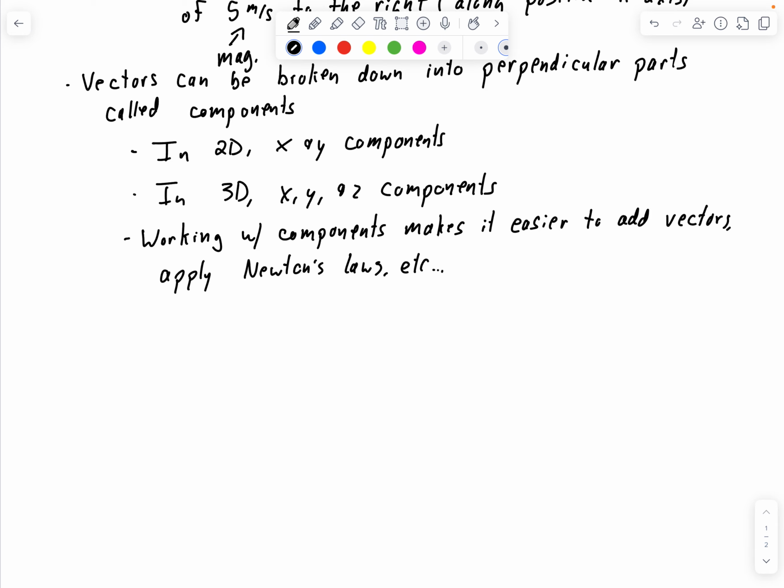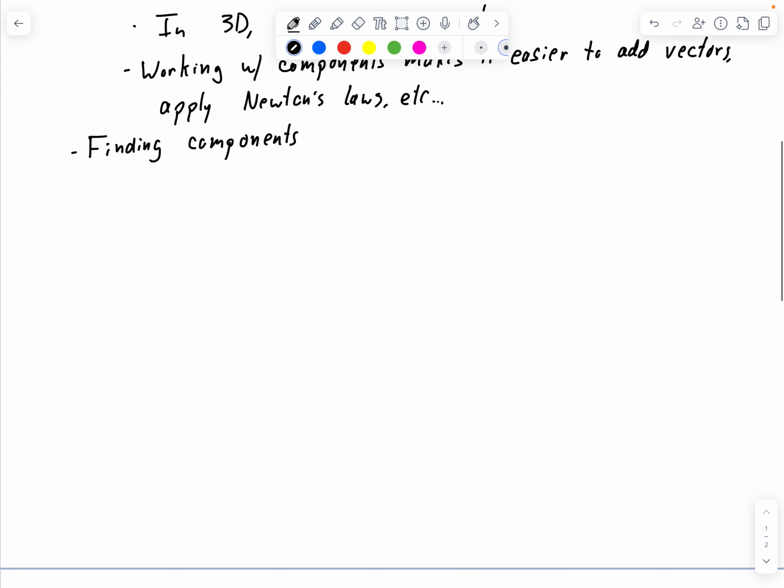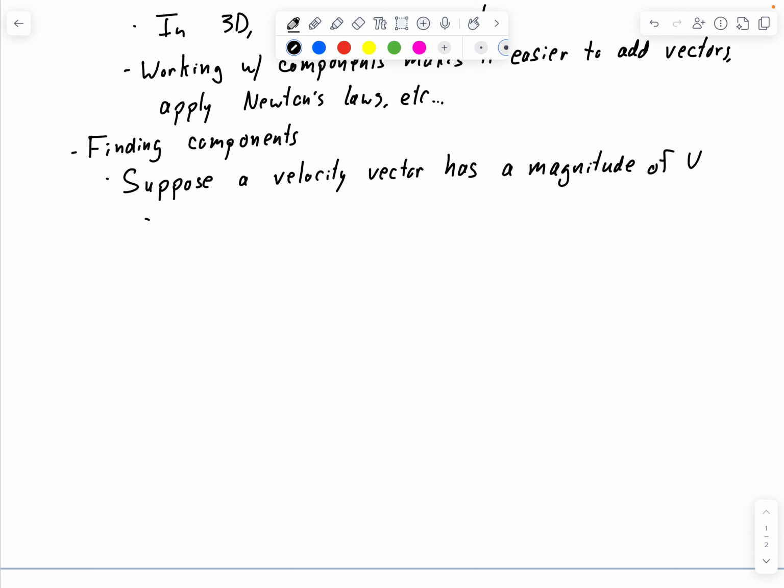So how do we find these components? Suppose, for example, that we have a velocity vector which has a magnitude of capital V and direction of theta.